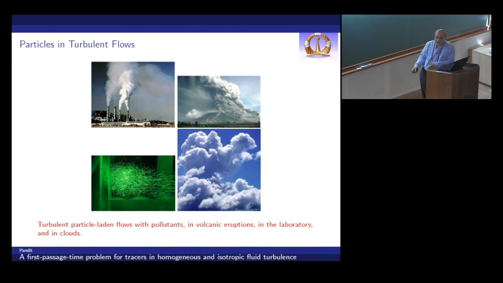And you have to contend with particles in clouds if you want to understand rain, which somebody like Samriddhi will do one of these days. So it's a very, very important problem. Any information that you can get on the statistics of particles in turbulent flows has a direct bearing on these problems which affect our lives every day.